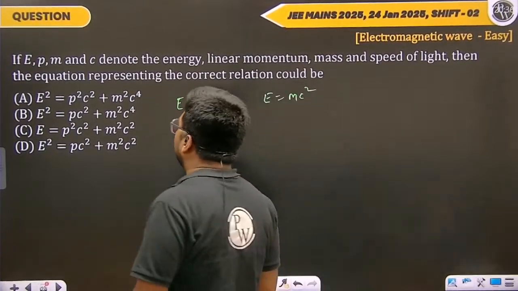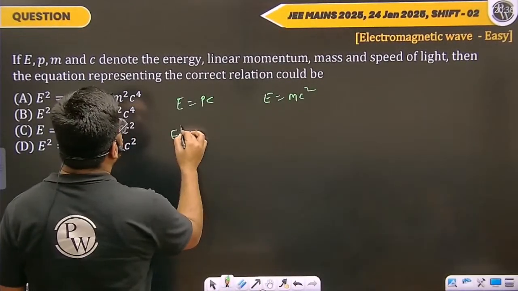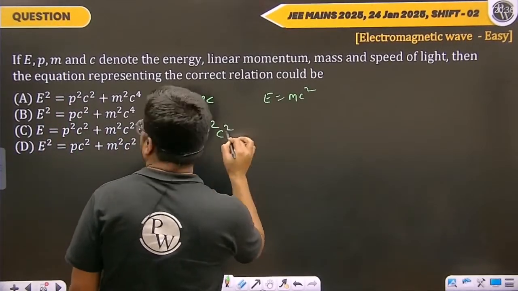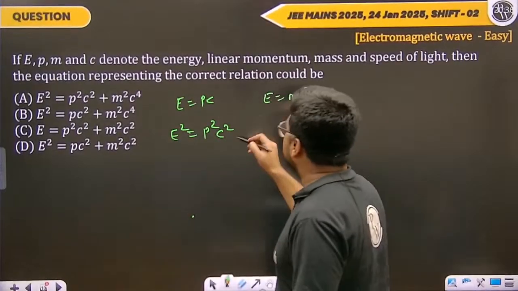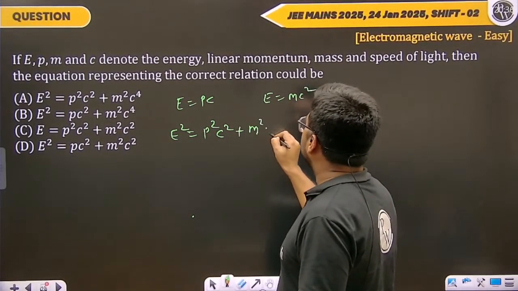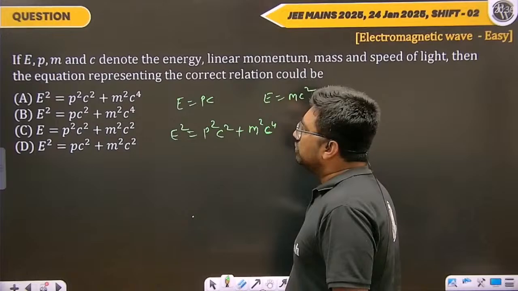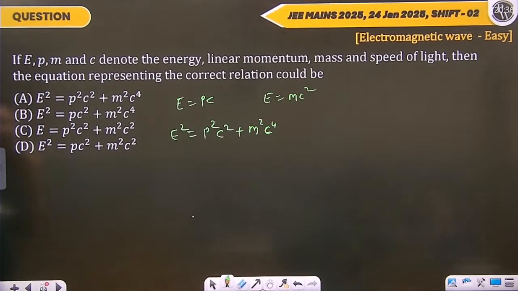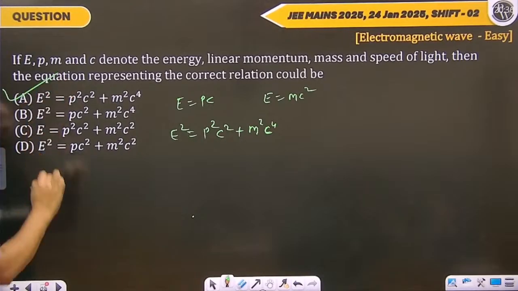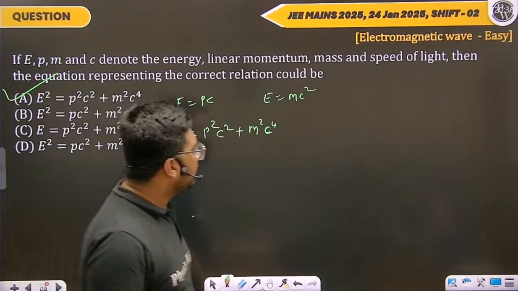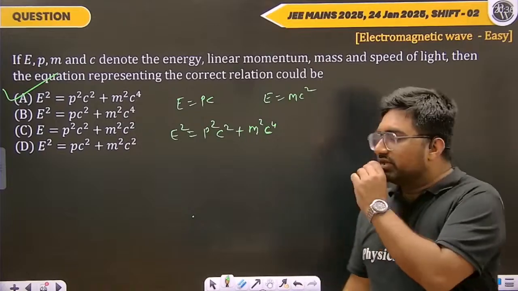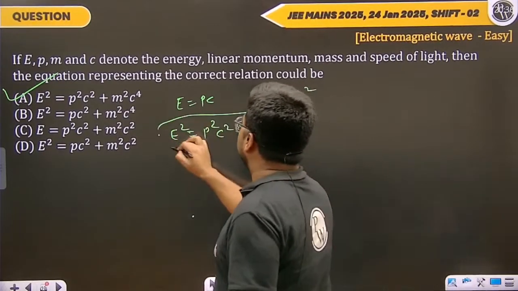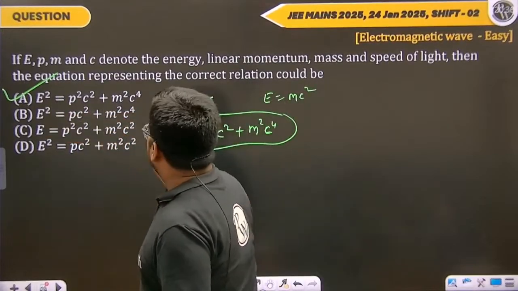So if we square, it becomes E square equals P square c square plus m square c to the power 4. So the first option matches with this. So the option is A, because only the same kind of thing is added to the same kind of thing.